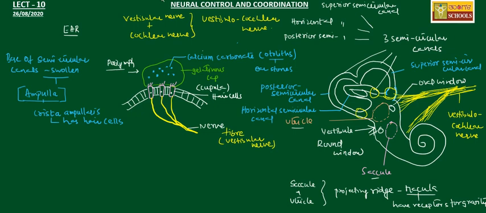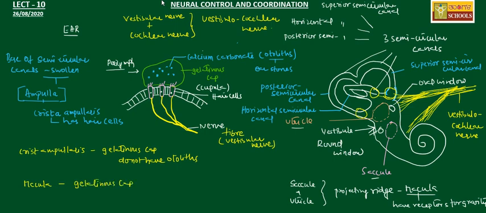Crista ampullaris has a gelatinous cap that does not have otoliths, whereas the macula, the projecting ridge in the saccule and utricle, has a gelatinous cap that contains otoliths.